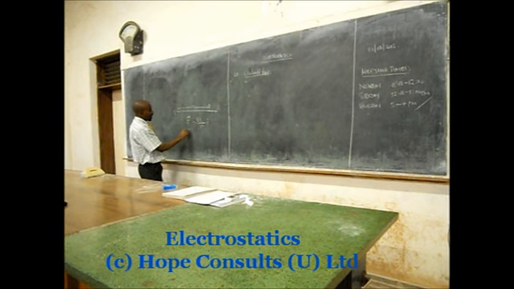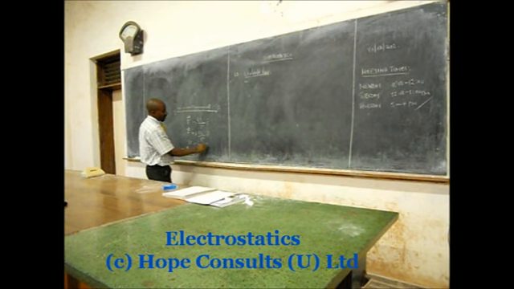Now this can be written by putting in the proportionality constant k, as F equals k q Q over r squared r roof, and k was found to be the same as 1 over 4 pi epsilon naught, implying that F will be equal to q Q over 4 pi epsilon naught r squared r roof.